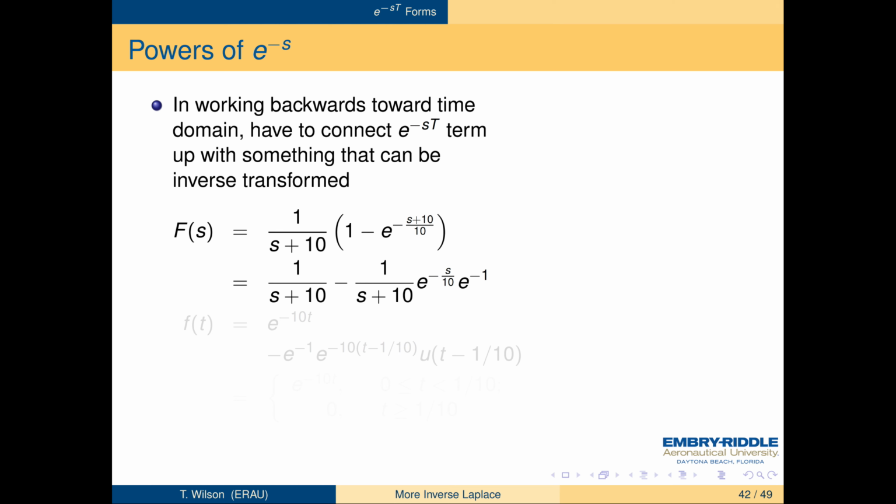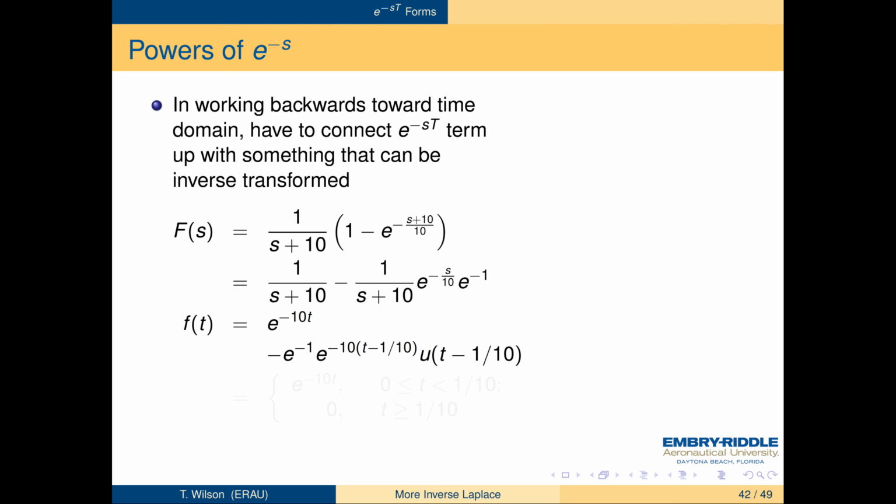We recognize the e to the minus 1 term as an amplitude. Inverse transforming term by term, the signal is e to the minus 10t less e to the minus 1 times e to the minus 10 quantity t minus 1/10, all times u of t minus 1/10.